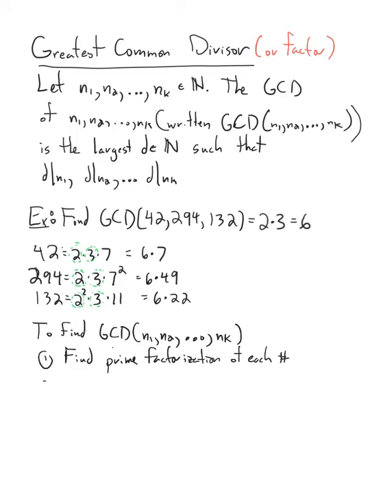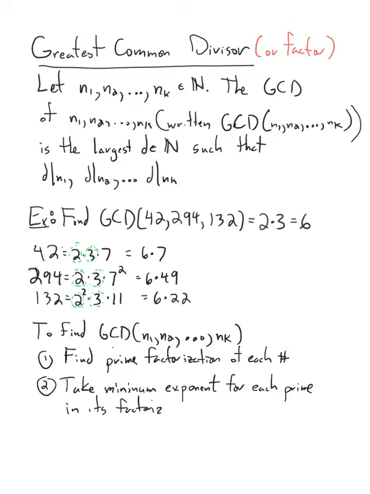Okay, and then the second thing is we're going to take the minimum, the smallest exponent for each prime in its factorization. The product of these is the GCD.